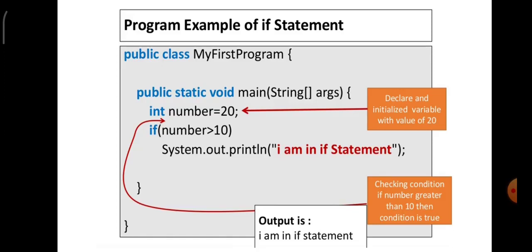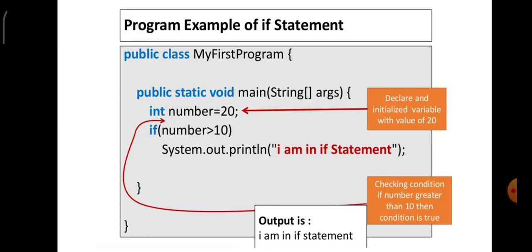And as you can see, int is nothing but integer, number is equal to 20 is the declaration and initialized variable. So you are initializing number with the data 20. So next line when it reads, in the place of number it will take number 20.